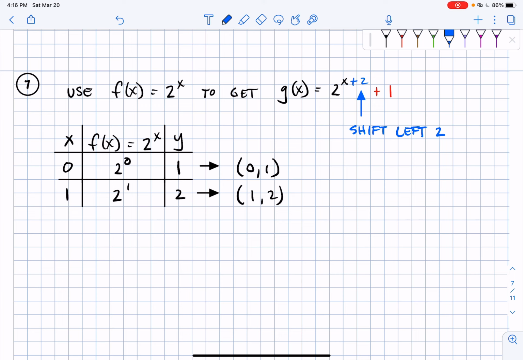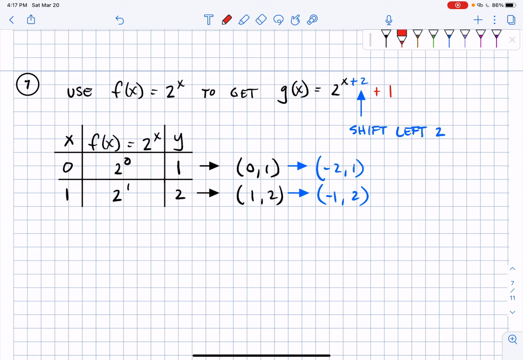Remember that the x is kind of like backwards when we did transformations. What does it mean to shift left twice? If I had 0, 1, where would that be now? Shift left twice will be -2, 1. And this one here, shift left twice, which is affecting the x, I'm going to have -1, 2.